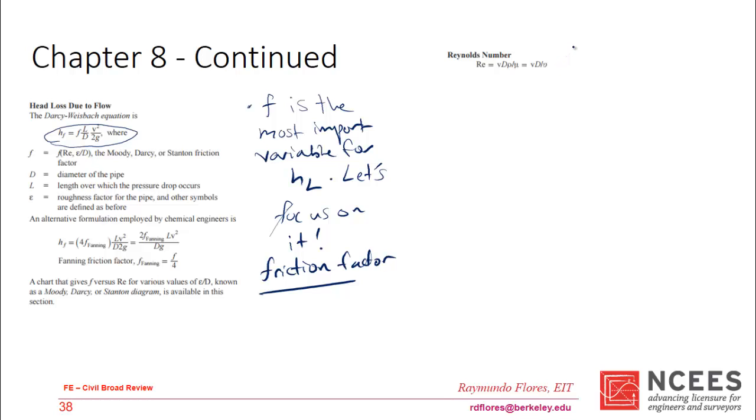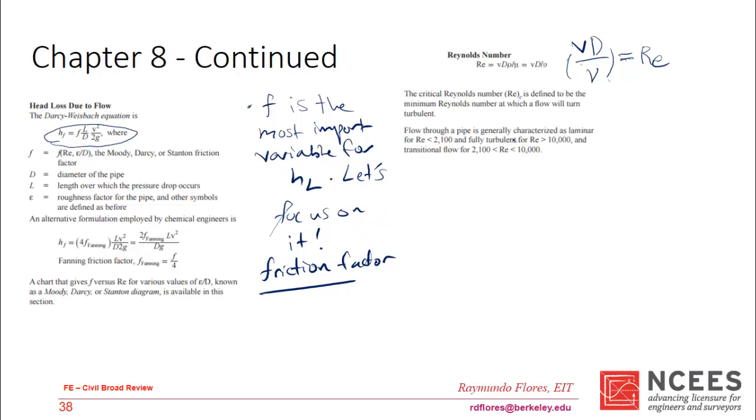Earlier, I wrote out that it was VD over the kinematic viscosity, and there's a reason why the kinematic viscosity is very important: when you get the Reynolds number, you can determine not only if it's laminar flow or turbulent flow, but the information related to turbulent or laminar flow is mostly important for determining friction factors, including the friction factor itself.